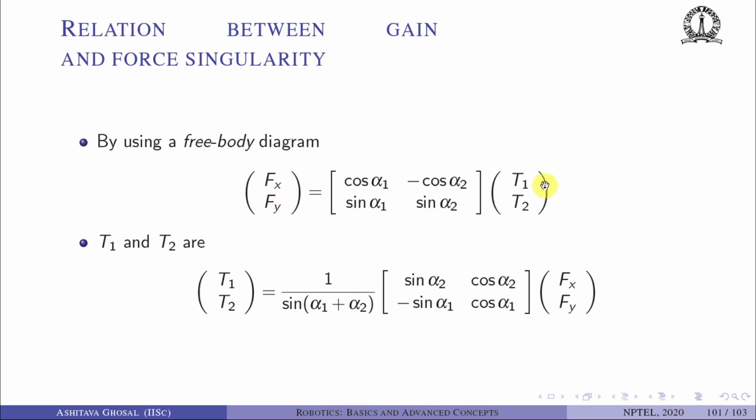Once we have Fx, Fy as a function of T1, T2, we can also find out T1, T2 as a function of Fx and Fy. So basically what you will end up with is a matrix: sin alpha 2, cos alpha 2, minus sin alpha 1, cos alpha 1, but there will be a division by sin of alpha 1 plus alpha 2.